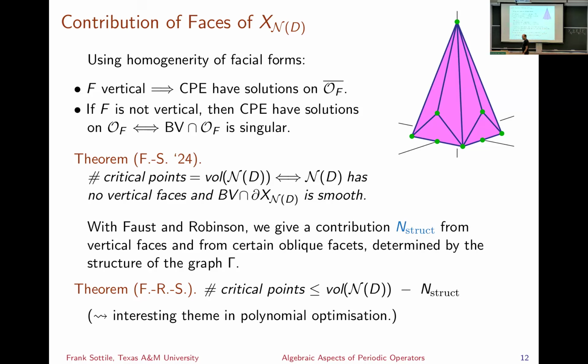Now, if it's not vertical, then it's not hard to see the critical point equations have a solution, again using homogeneity, if and only if the part of the block variety along that face is singular. And so one can conclude that the number of critical points is the volume if and only if there are no vertical faces and the block variety is smooth at infinity.